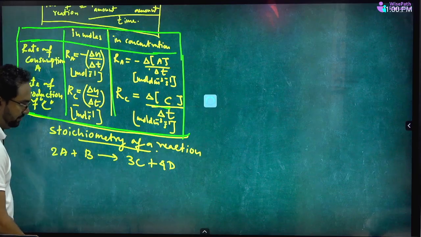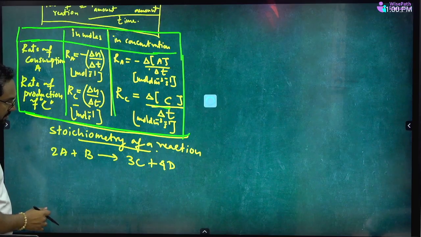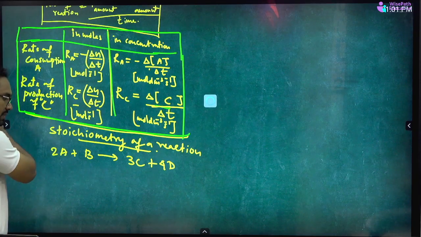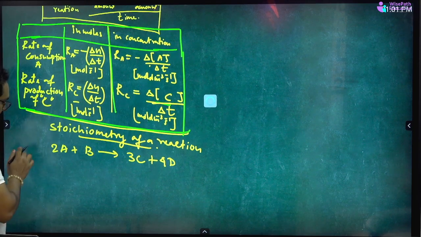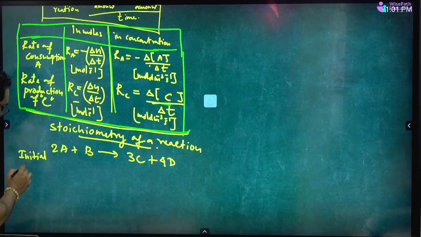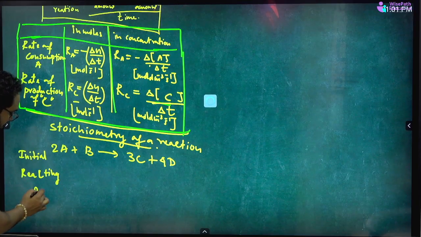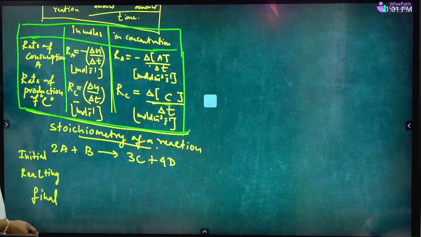I'll take it this way, right? So now this is how it happens, right? Let's say initial, reacting and final values should be there, right?